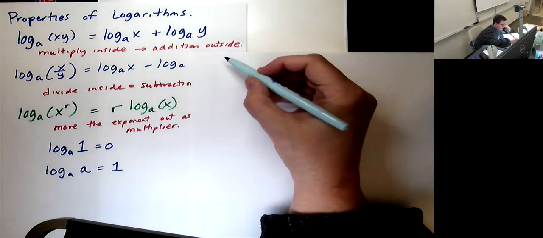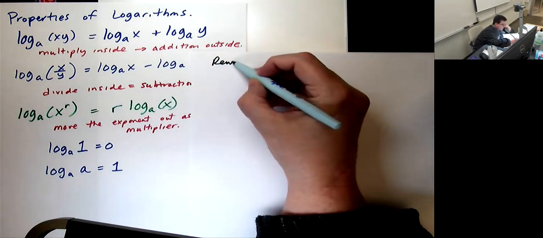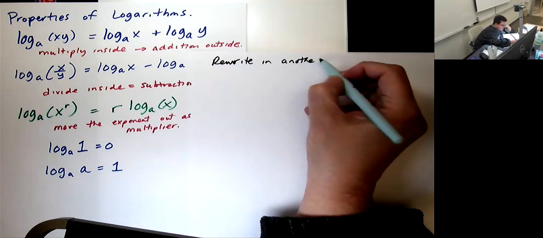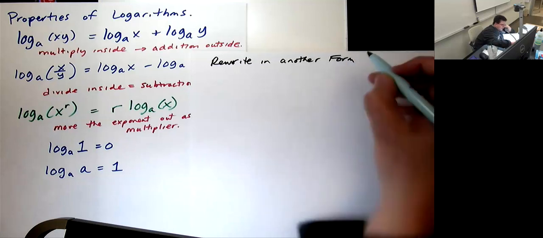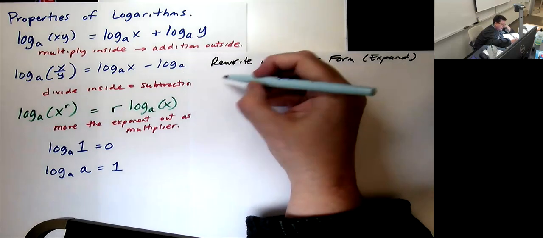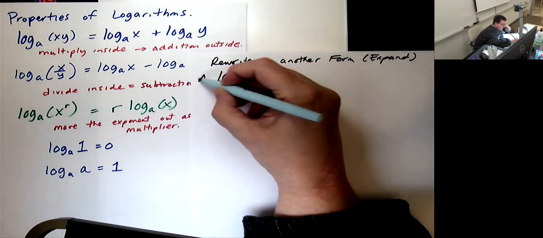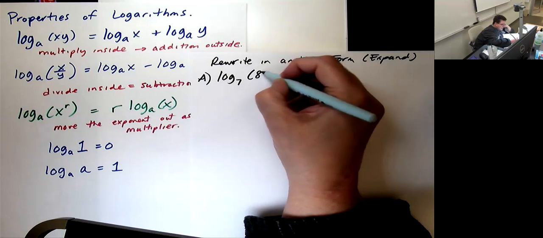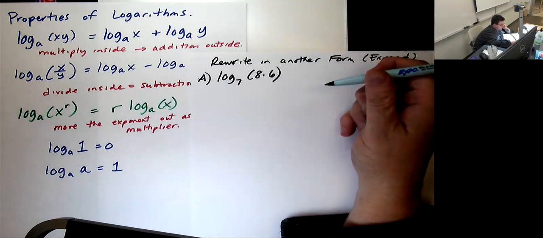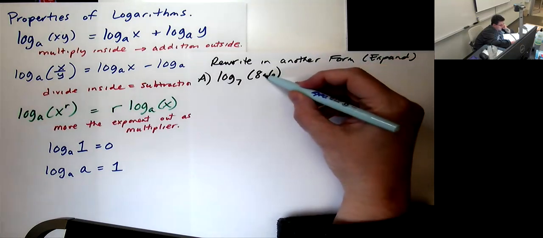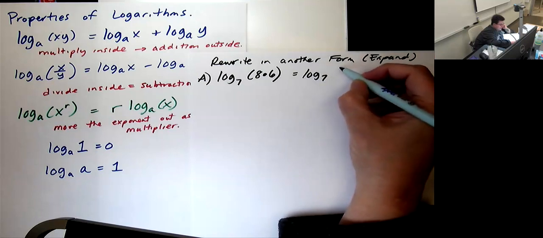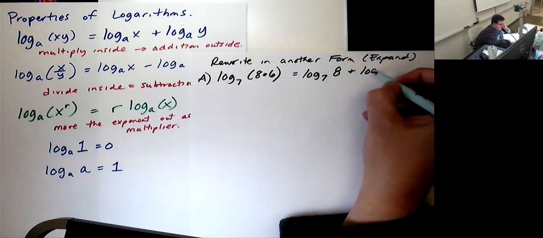So, rewrite in another form. We'll start off, we'll expand them first. So example A, we're going to do log base 7 of 8 times 6. If I expand that, I get log base 7 of 8 plus log base 7 of 6.